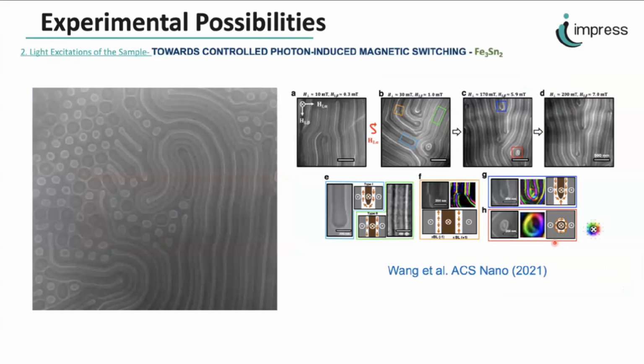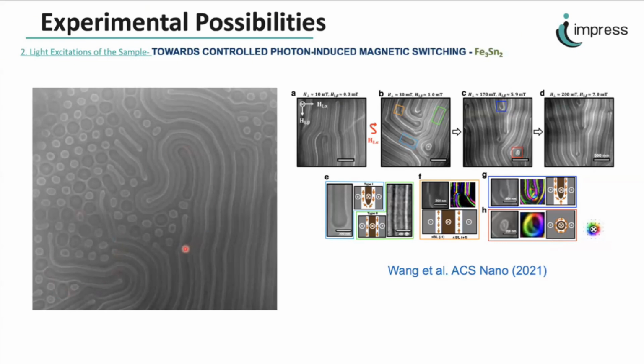Now I would like to give you some examples of different activities that we have done so far within the Impress project, just to give you some hints about what kind of studies we can do. The first system is an iron-scene sample.